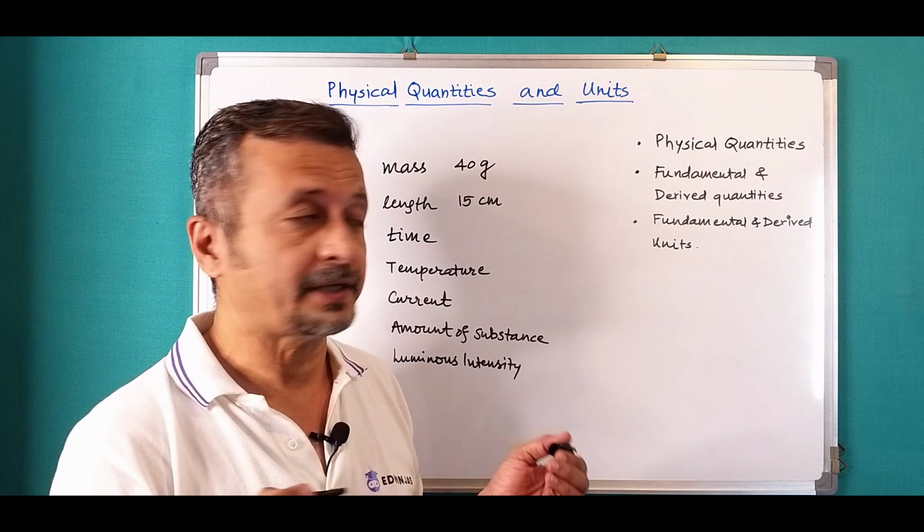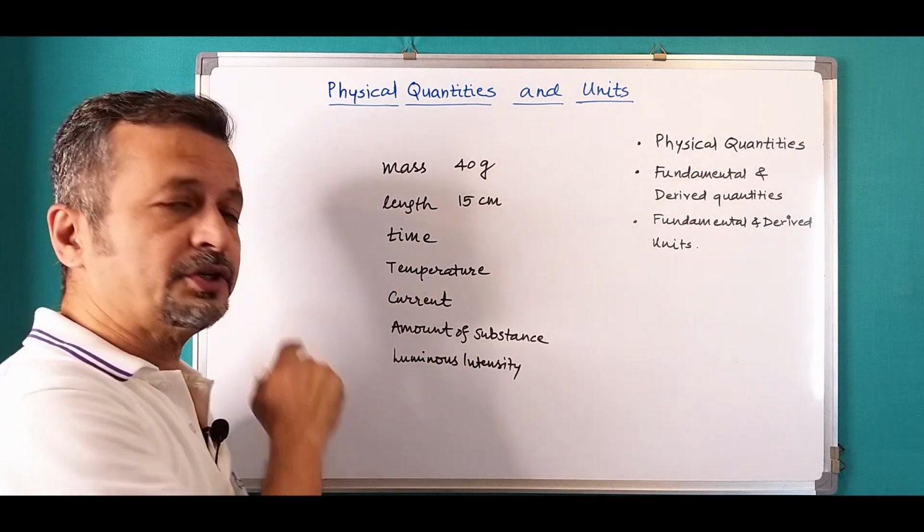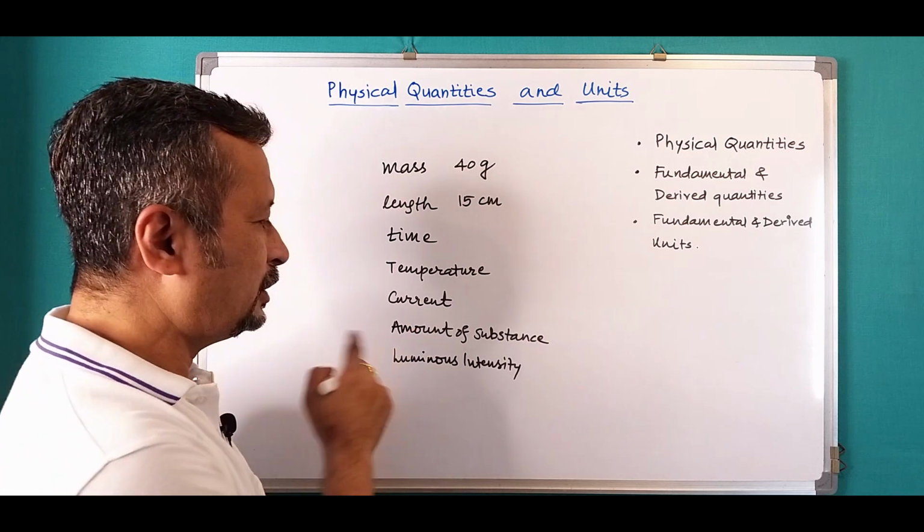Luminous intensity of light. Okay, so length, mass, time, temperature, current, amount of substance, and luminous intensity.